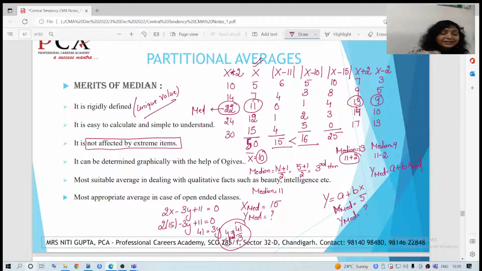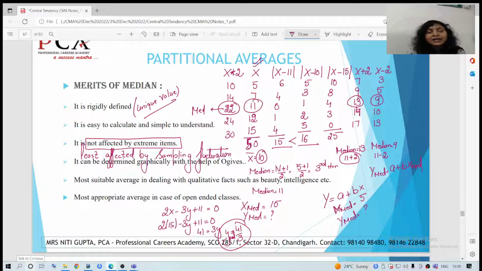So median is the average which is least affected by sampling fluctuation. It won't be much affected by sampling fluctuation. The results will be approximate to each other.